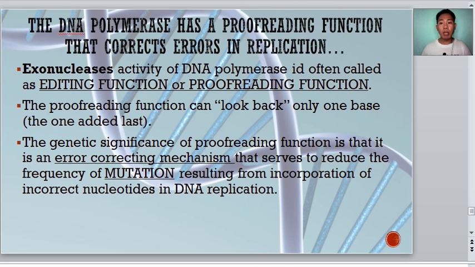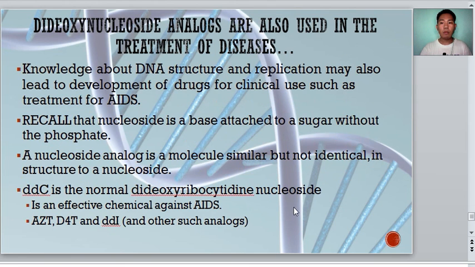We all know that mutation may cause diseases, for instance, and some other malformations in our body. In this last slide, we have the dideoxynucleoside analogs, which are also used in the treatment of diseases.